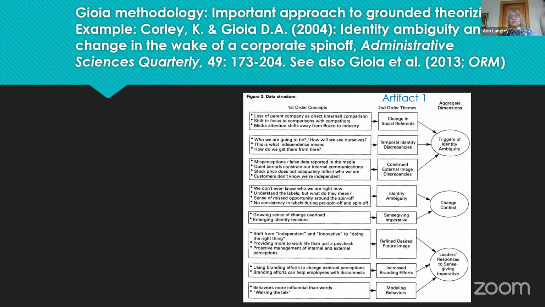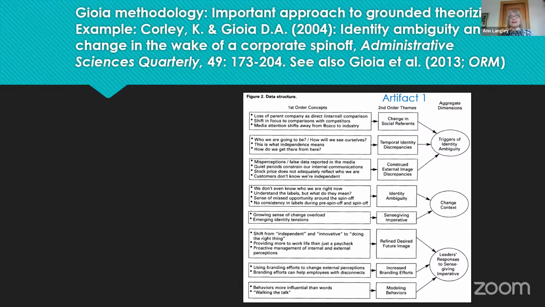So there may be lots and lots of first order codes. You can have hundreds of them. You start coding bottom up in vivo. You end up with far too many codes, but that's okay, because then you group them.